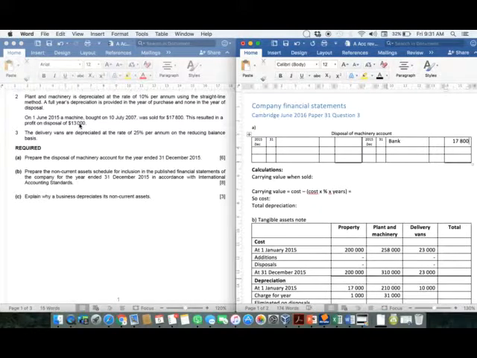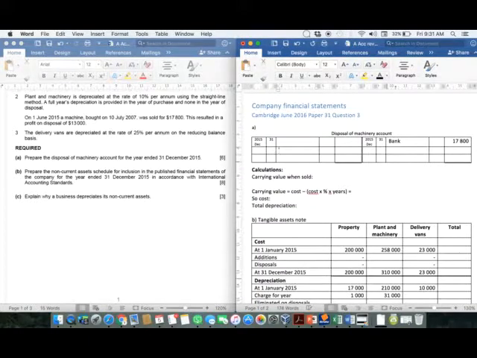That's quite a large profit, and that means that this price here was quite a lot more than what it was actually worth. So your profit would go in on this side, because it means that your total received and your accumulated depreciation were worth more than your cost originally and this profit that you are making. So your profit is shown over here.